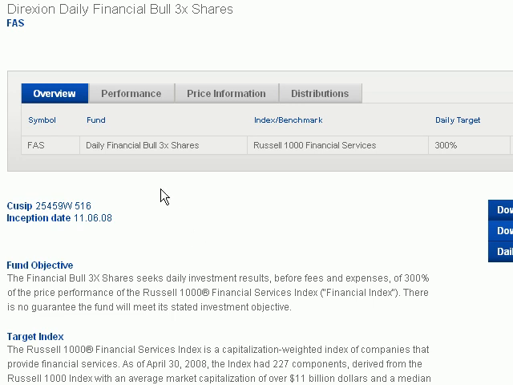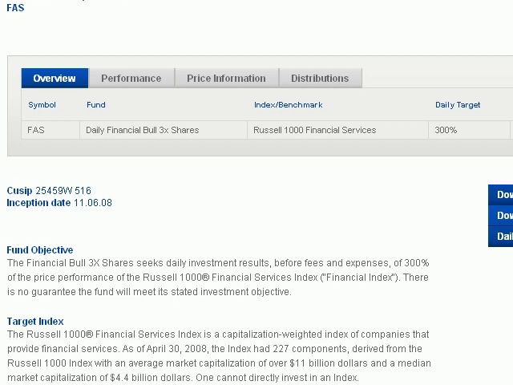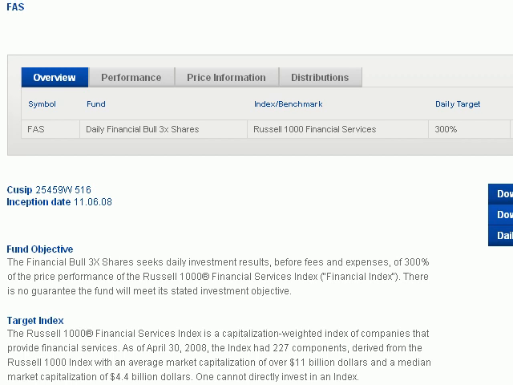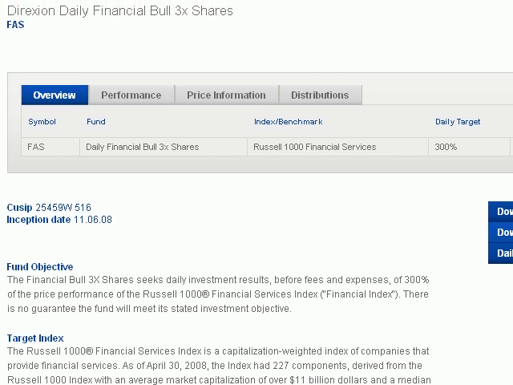So the FAS is a Direxion 3 times ETF, and it supposedly moves 300% of the Russell 1000 Financial Services Index. That is made up of apparently 1,000 different stocks, all weighted in a different way. FAS is supposed to be based off of that and will move 300 times. It says right here 300% of the price performance of the Russell 1000.